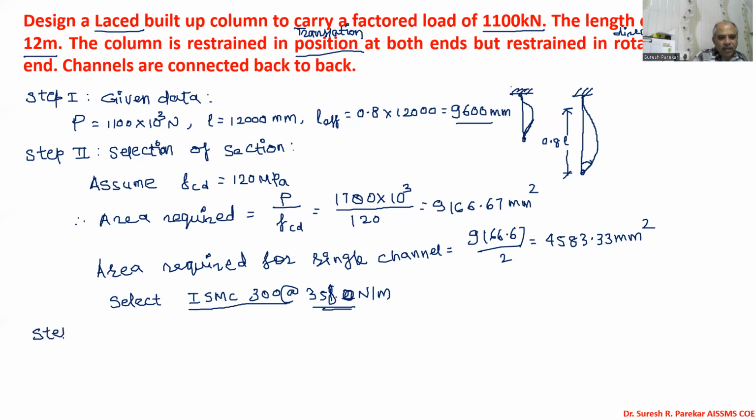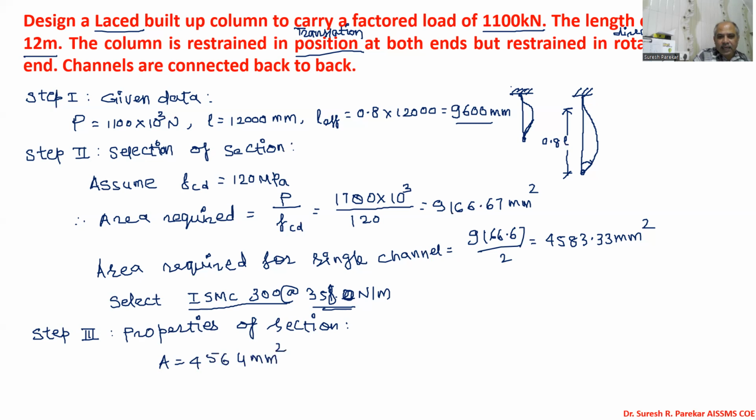Then we have step 3, properties of section. For ISMC 300, we have area 4564.